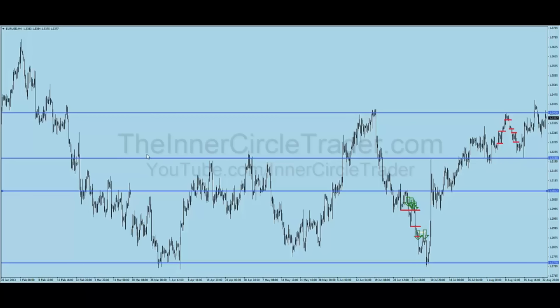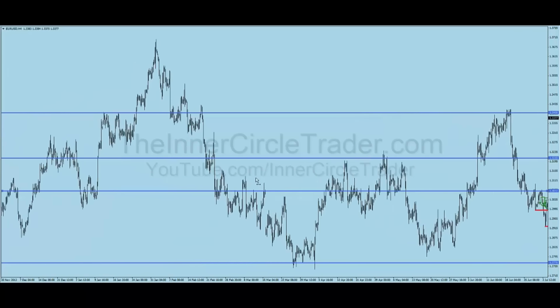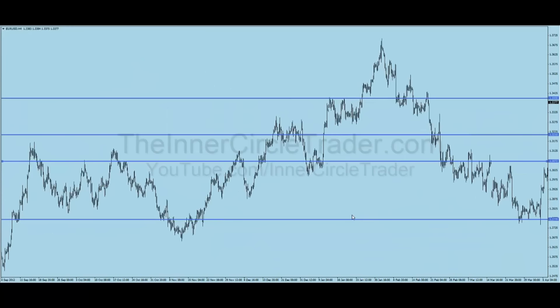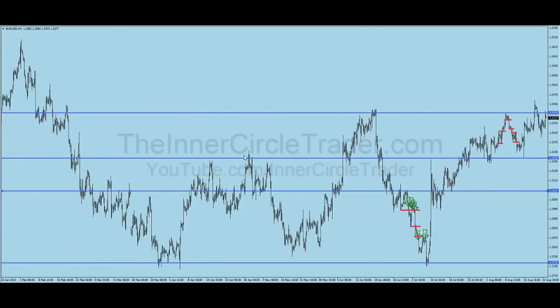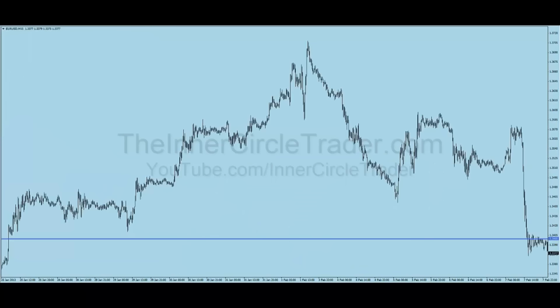See that? When price trades down like this and rallies off, go back down to a 15-minute time frame.